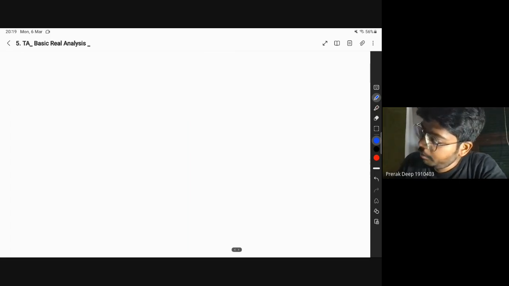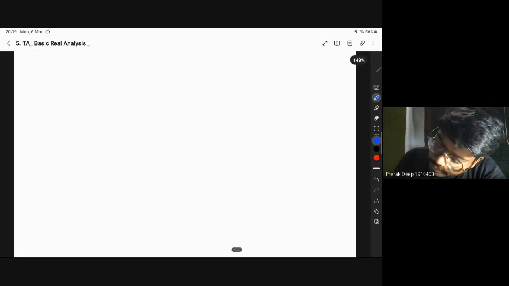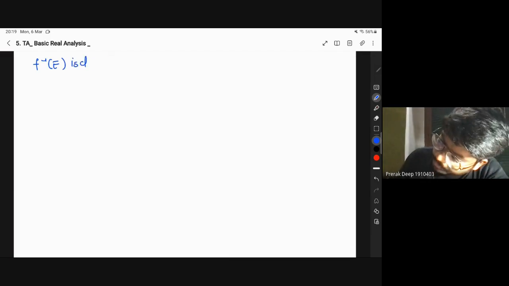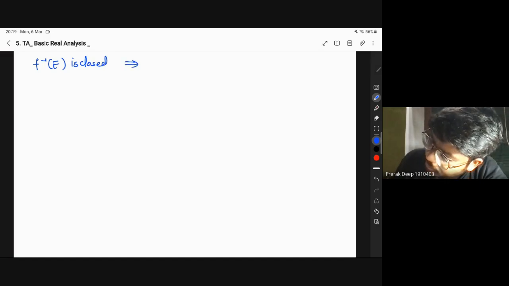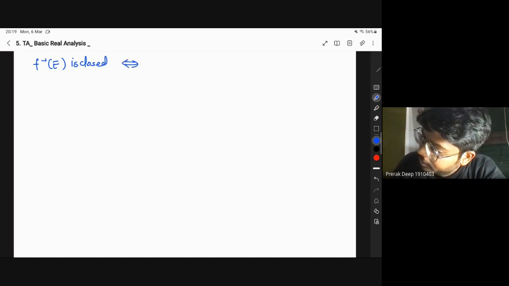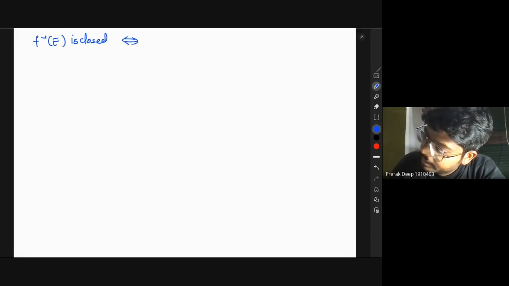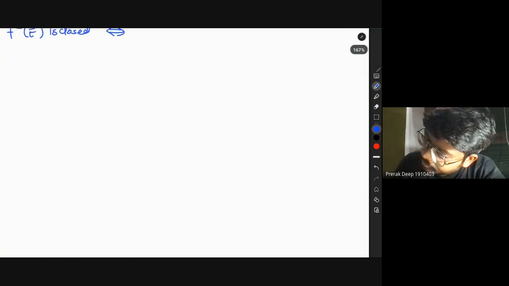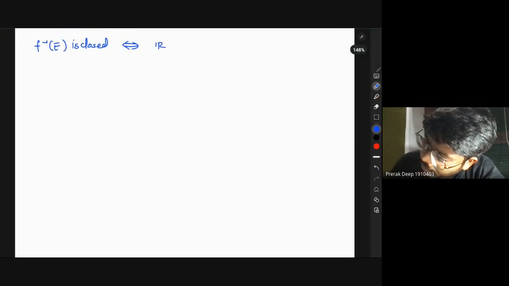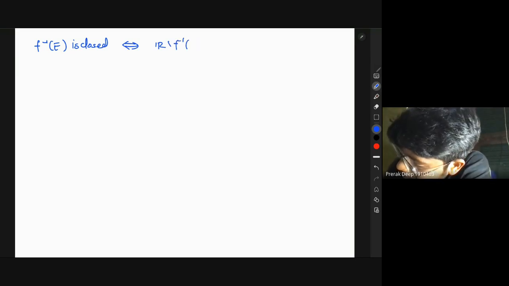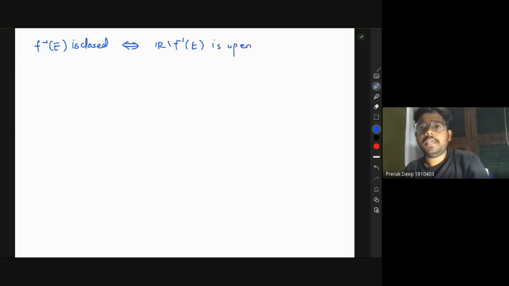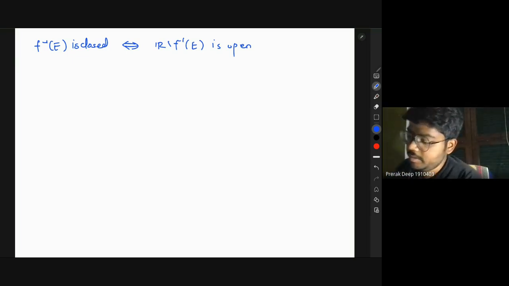Now what we want to prove is that F inverse of E is closed, which is by fact equivalent to proving that R minus F inverse of E is open.